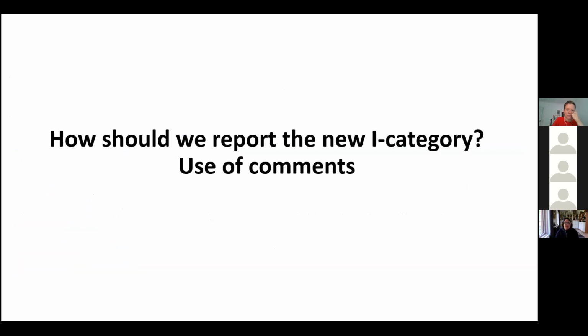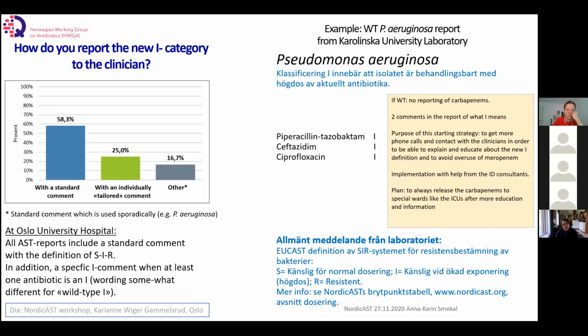So how should we report this new I category, and some thoughts about the use of comments. First here, I took 2 slides from a previous Nordic ASA workshop that we had last year in fall. The first one is on the left and is for Norway, and they conducted a survey there and asked the laboratories how they report the new I category.